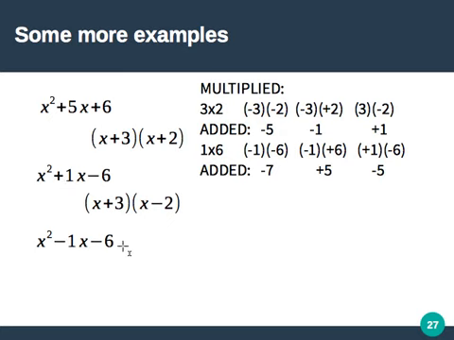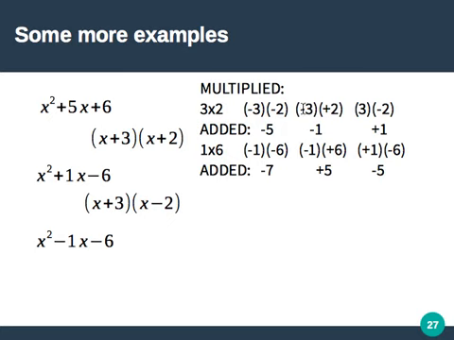Okay, here's the other case. We have a negative 6. You've got to multiply two numbers that give you negative 6. Here they are, all the combinations. And when you add them, they give you negative 1. So which one of these will give you negative 1?